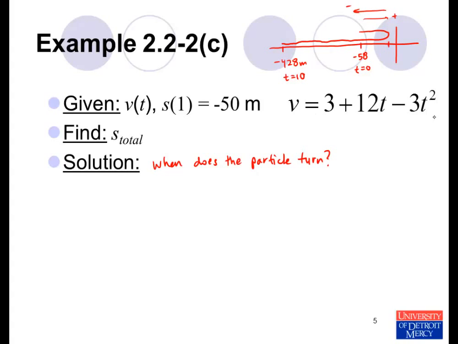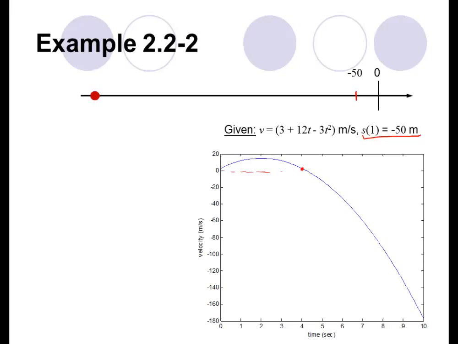This was a quadratic. If we recall, it was positive and then it was negative. So going back to this previous slide, we were positive and then we were negative. And so this point at which the velocity changed sign is where we had our turn. So in essence, we want to find when velocity is equal to 0.